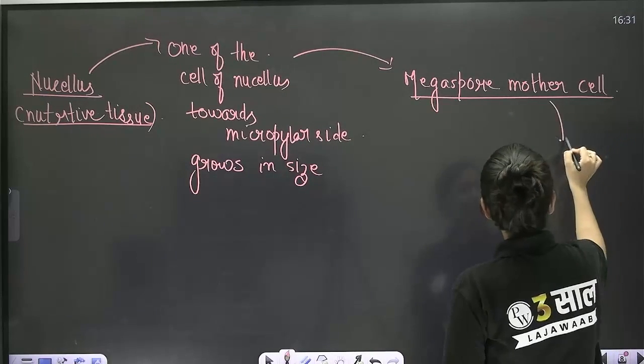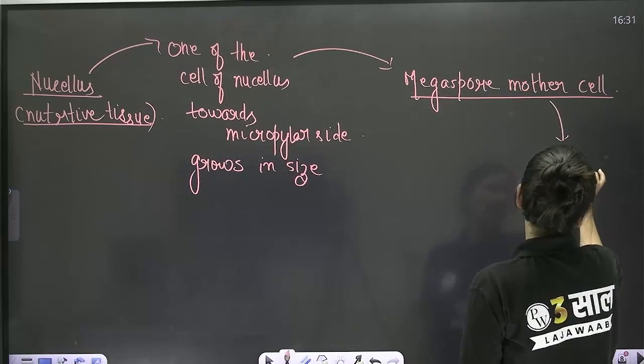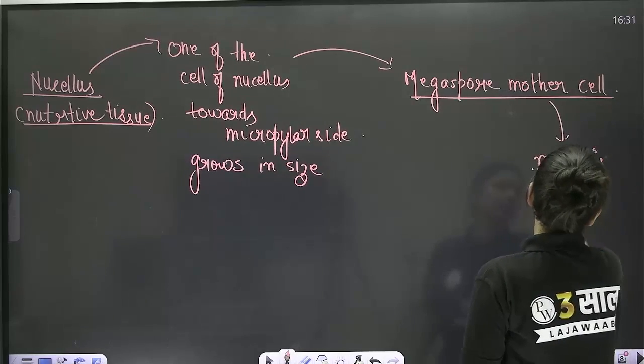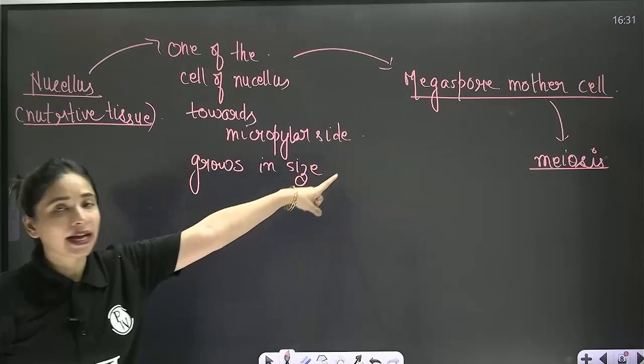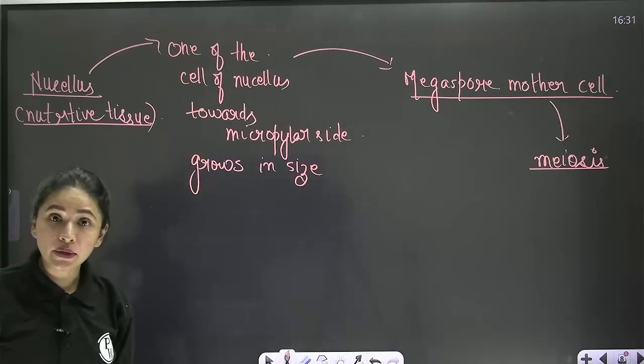Now, this megaspore mother cell, beta, will undergo reduction division.